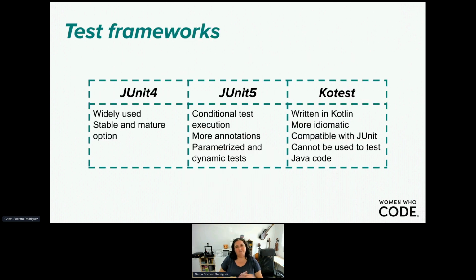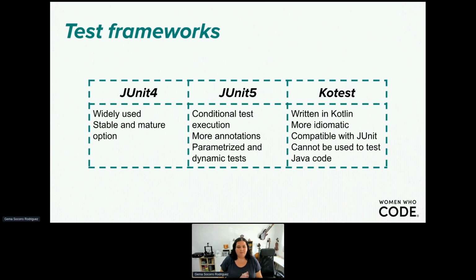There are some popular frameworks that we can use. JUnit is the most popular one because we have been using it from Java. There are two main versions: JUnit 4, which is the most used one, and JUnit 5, which introduces some features that allow you to write less.